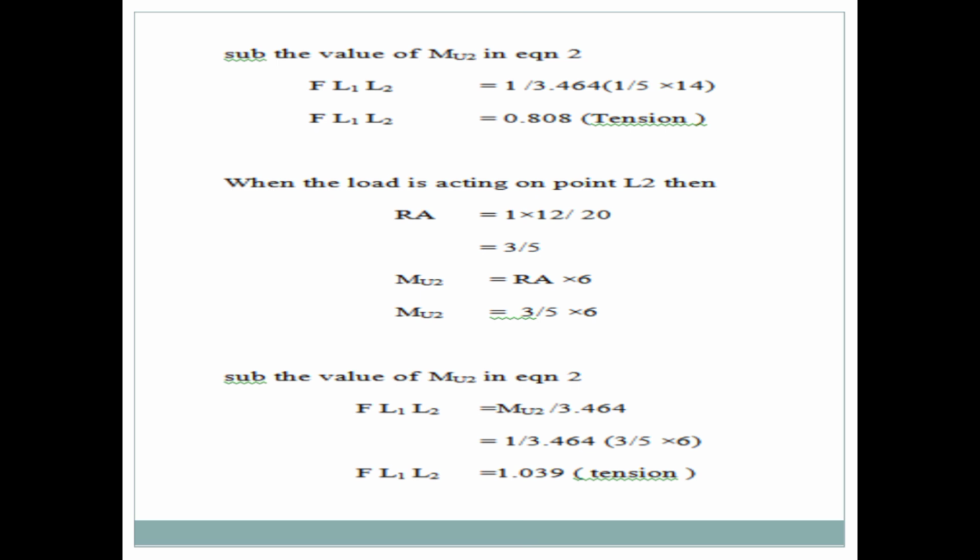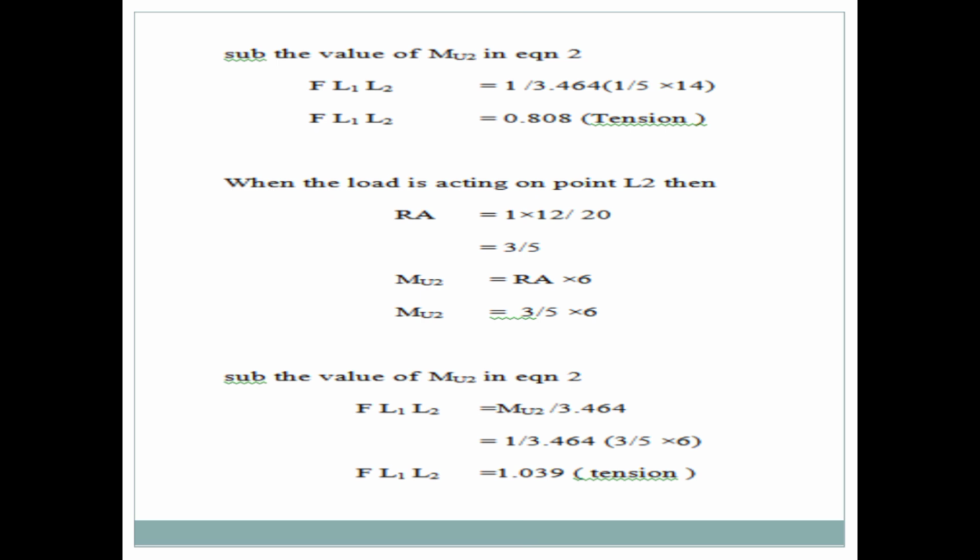When the load is acting on point L2, then Ra is equal to 1 into 12 divided by 20, is equal to 3 divided by 5. M U2 is equal to Ra into 6. So M U2 is equal to 3 divided by 5 into 6. Substituting the value of M U2 in equation 2, F L1 L2 is equal to M U2 divided by 3.464, is equal to 1 by 3.464 into 3 by 5 into 6.